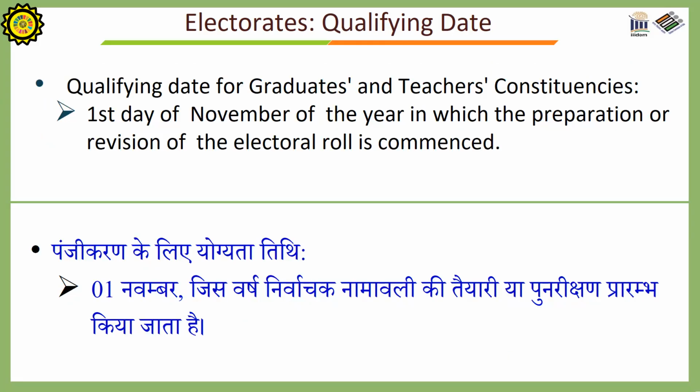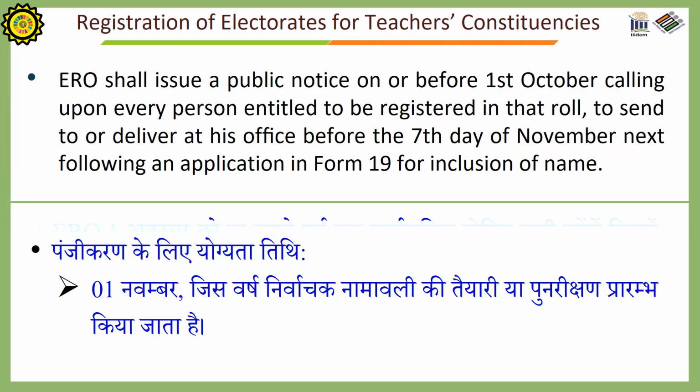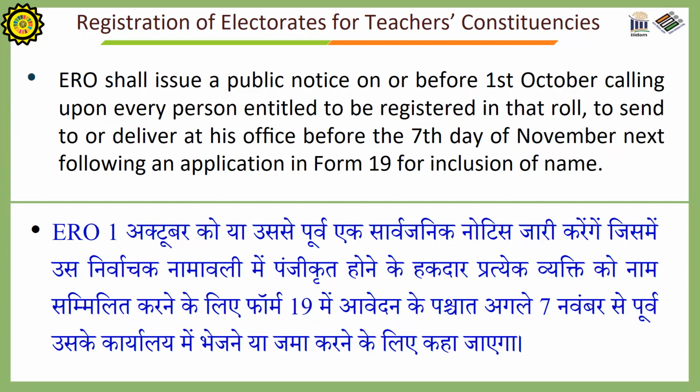Qualifying date. Qualifying date for graduates and teachers' constituencies is the first day of November of the year in which the preparation or revision of the electoral roll is commenced. Teachers' constituencies. EROs shall issue a public notice on or before 1st October calling upon every person entitled to be registered in that roll to send to or deliver at his office before the 7th day of November next following an application in Form 19 for inclusion of name.